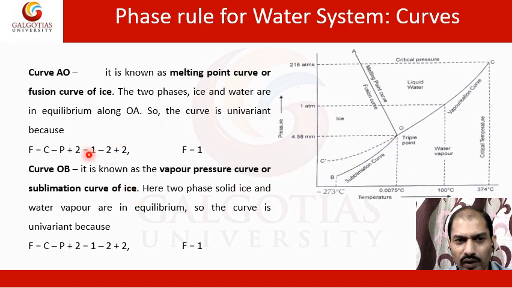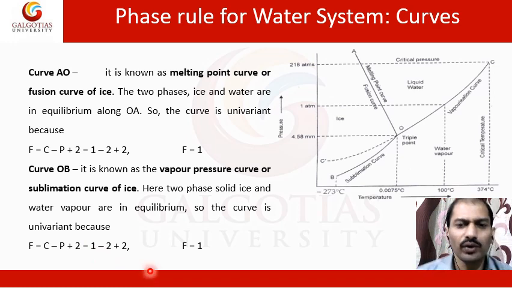And how to calculate the degree of freedom for that? You can easily calculate it: f equals 1, because the component will always be 1, since this is a one component system. If it is a two or three component system, you have to find out the degrees of freedom in the way applicable for that particular component system.